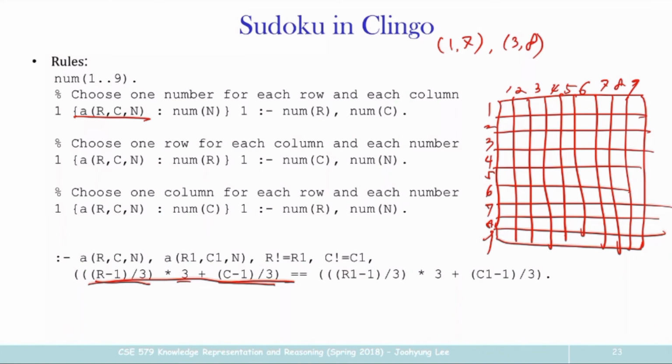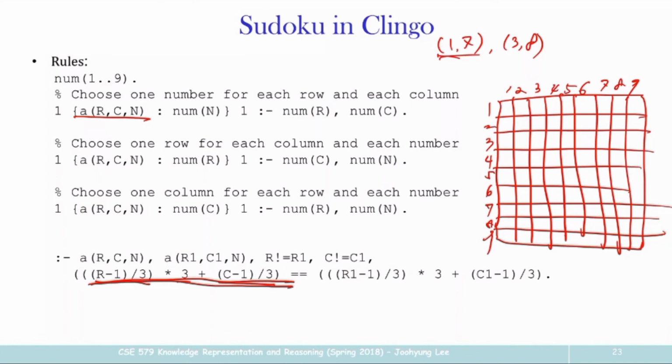They're in the same box. So what is the value for this? Let's actually plug it in. If R equals 1 and C equals 7, what is this value? 2. Okay, you're fast.